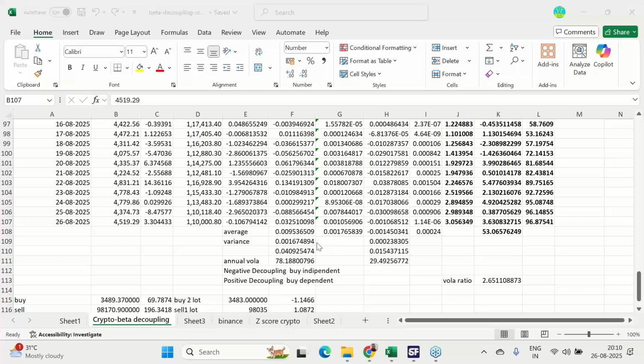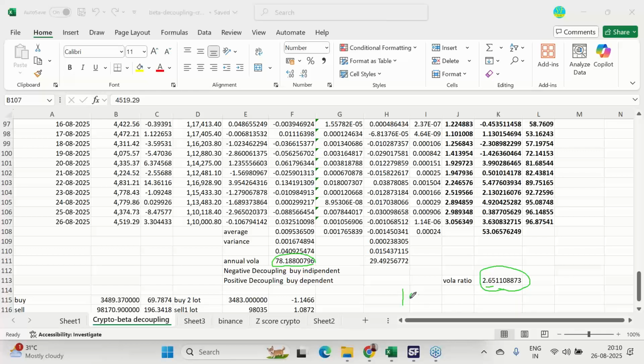per person. However, they have a huge difference in terms of volatility. So this is how we can add volatility into it. Since Ethereum is highly volatile, we'll take that ratio. Volatility ratio is 2.65.